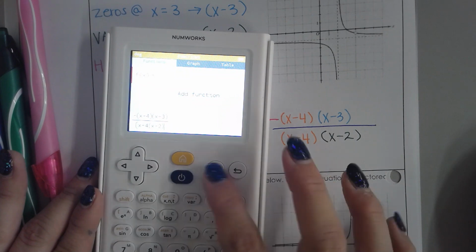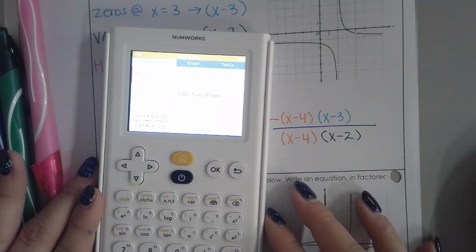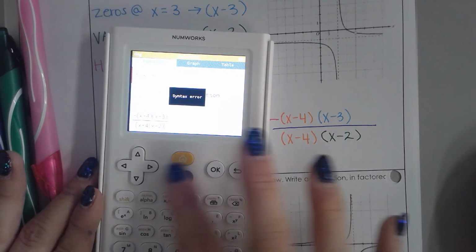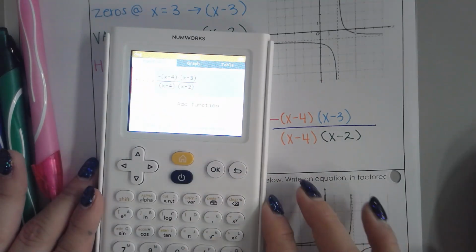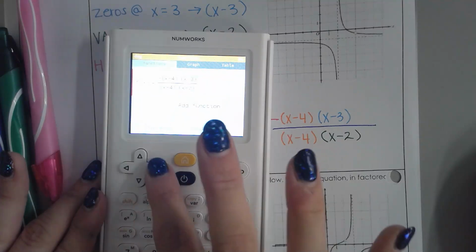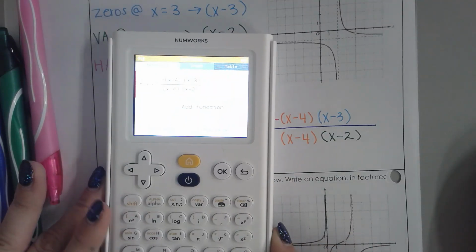Alright, and then let's go up and look at the graph of it.